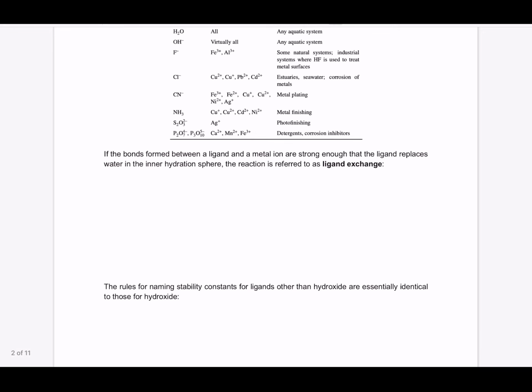So if we have, let's say, a metal surrounded by x molecules of water, with charge n plus, and we introduce a stronger ligand, for example, ammonia, then we get the metal with one less water plus ammonia.